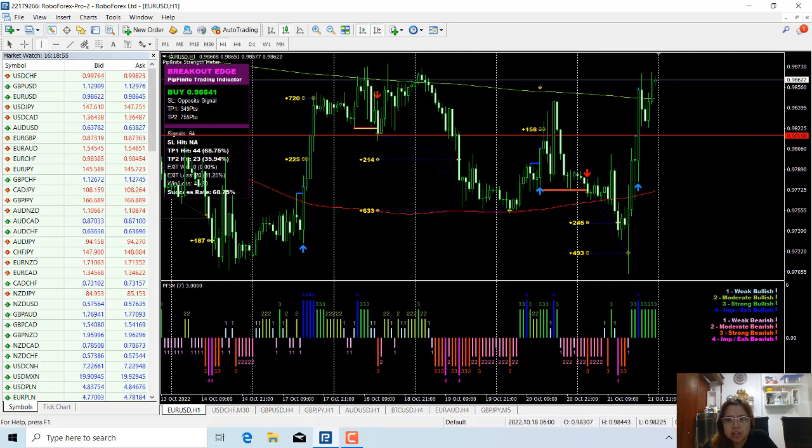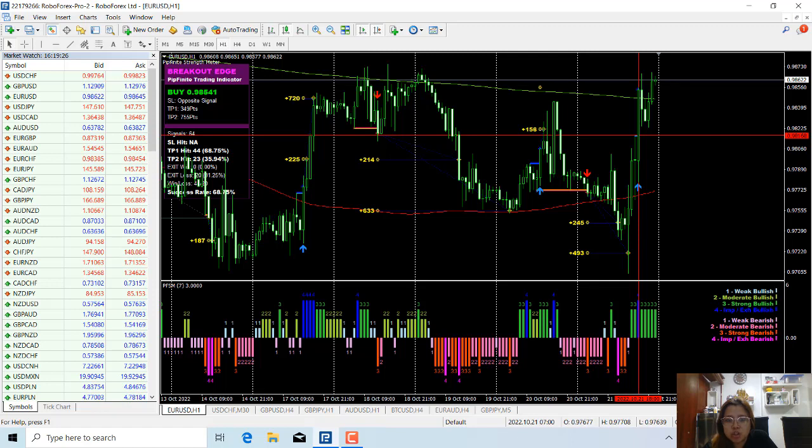Notice that this is your Breakout Edge signal. I'll be trading at the retracement. This Breakout Edge signal I could not take because the strength meter is exhausted. So what does it mean? It's either an impulse on or we are at an exhausted market.